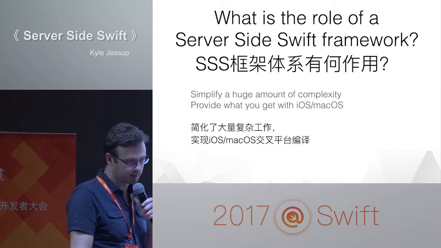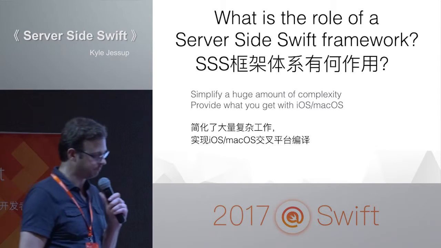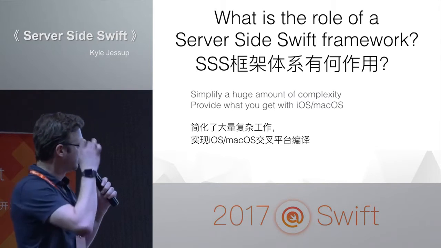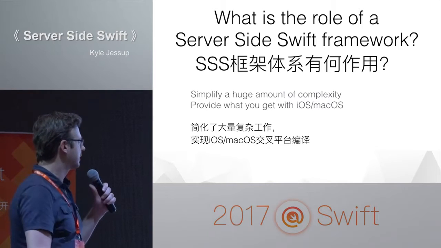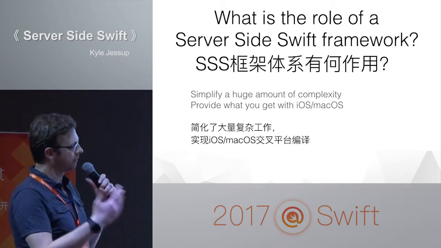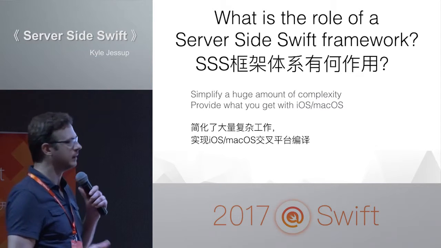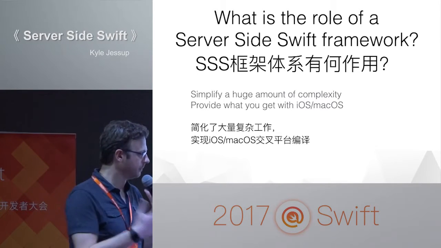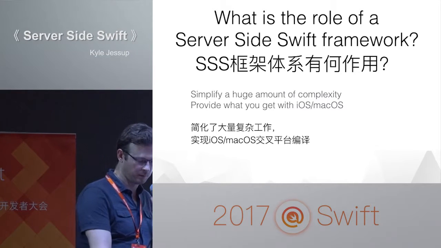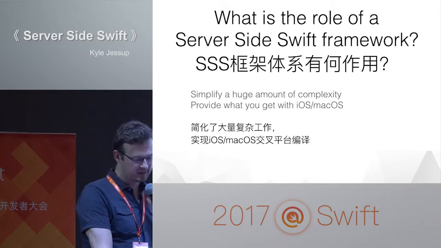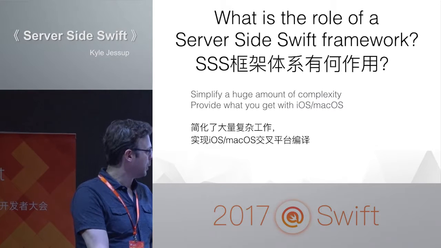It's what you would expect if you're using UIKit or something like that. You expect to get a lot of things for free and have a lot of decisions already made, and you just kind of fill in the blanks with your actual important code.